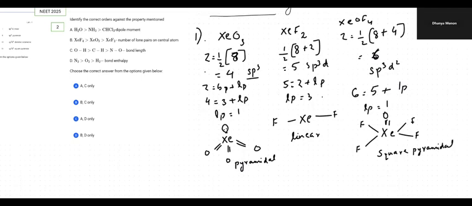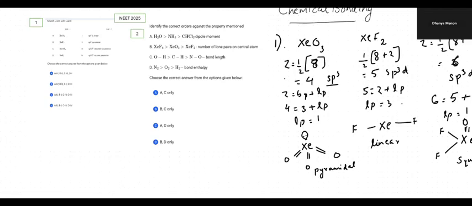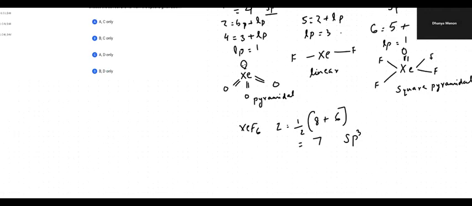Okay. Then the next one, I have one more, which is XeF6. So Z is equal to half of 8 plus, there's no positive or negative charge, but 6 monovalent atoms, 7. So that is sp3d3.